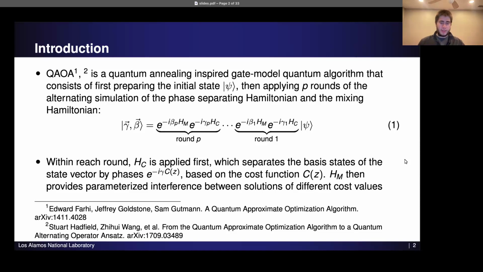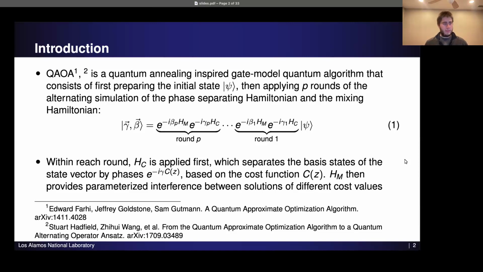So in this case, our cost function for our optimization problem is C, and it's accepting some spin vector of spins Z. And then next, our mixing Hamiltonian provides parameterized interference between solutions of different cost values. The original QAOA proposal was, by this paper, a quantum approximate optimization algorithm.